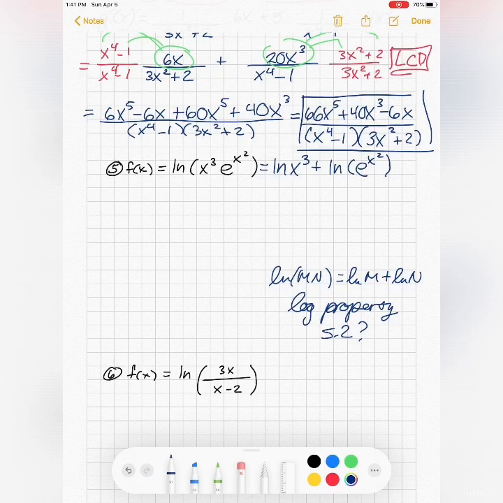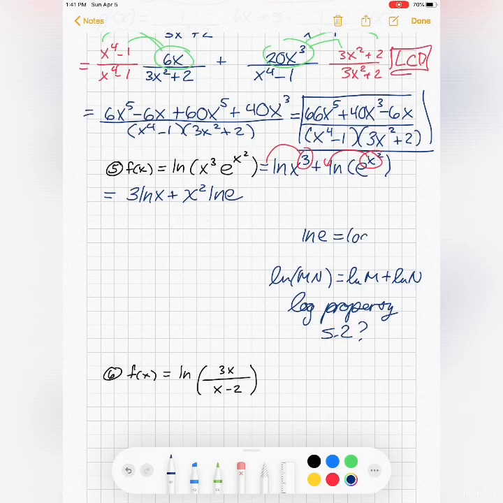Okay, now again, I can bring this exponent down as a multiplier. Oh, I guess also this one, huh? So then 3 ln of x plus x squared ln of e. Okay, and then what do we know about ln of e?